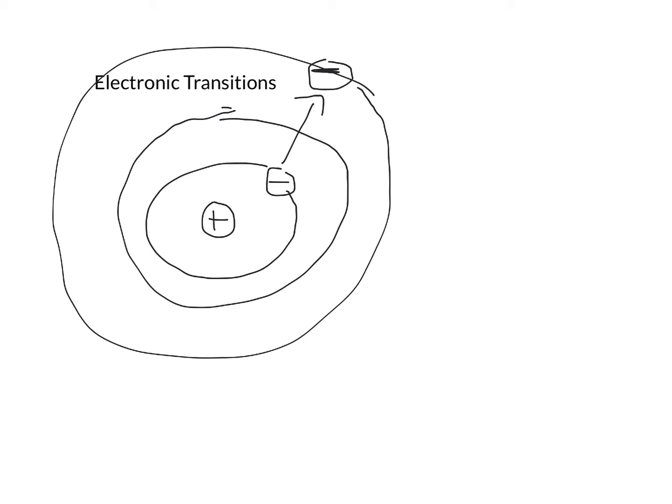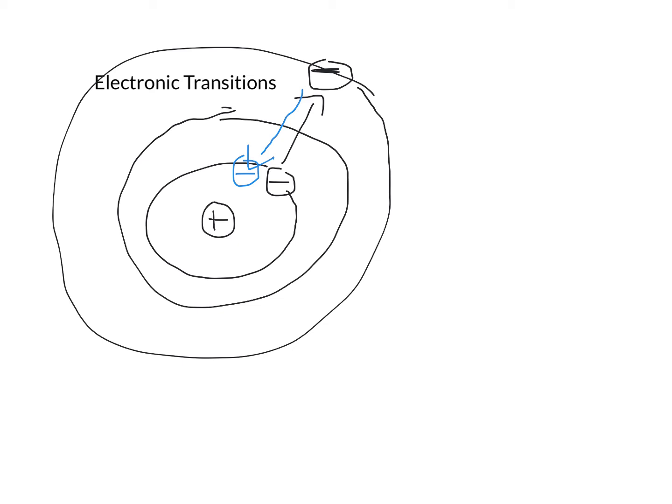It's going to hang out there for a while. But then what's going to happen is it's going to fall back down. And when it falls back down to where it wants to live, the energy that it gained being promoted into the higher shell, it gives back. It gives it back as light.